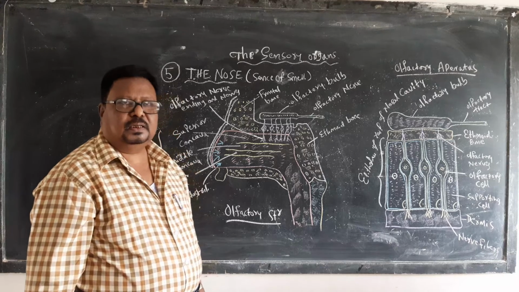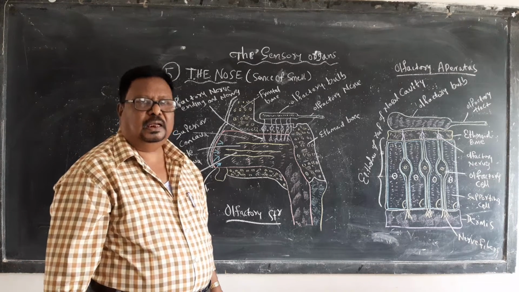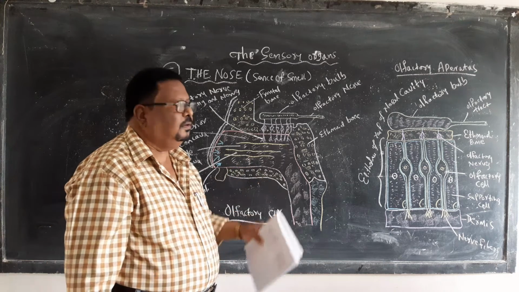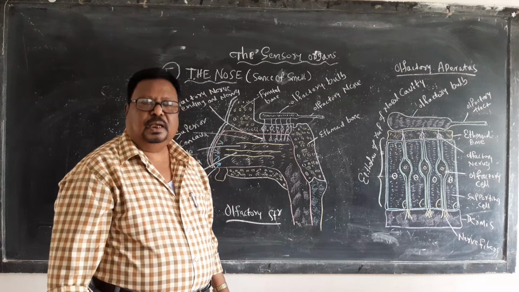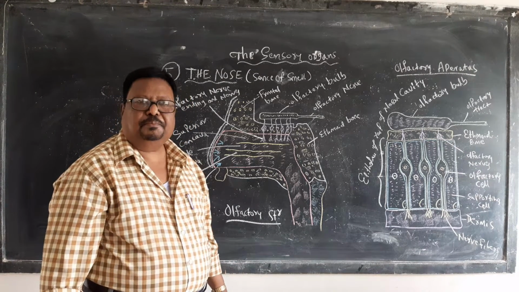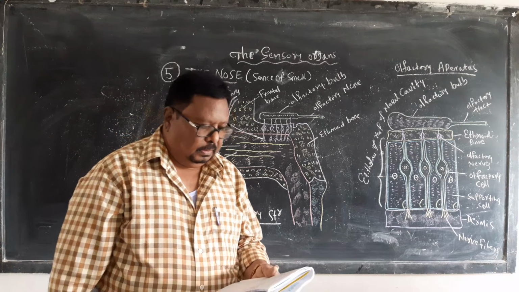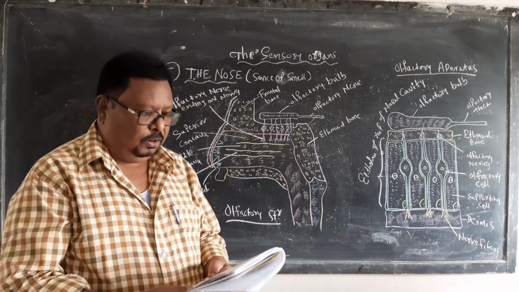Then afterwards the stimulus comes from the brain and it will be acted upon here. So the smell is recognized by the olfactory structures present in the nasal cavity. So this is about the nose.